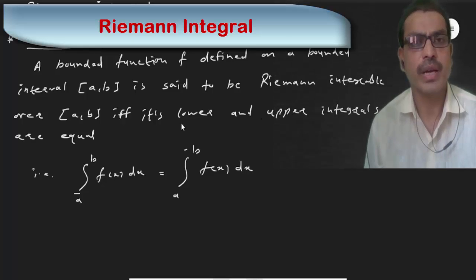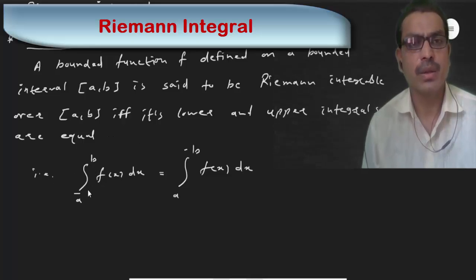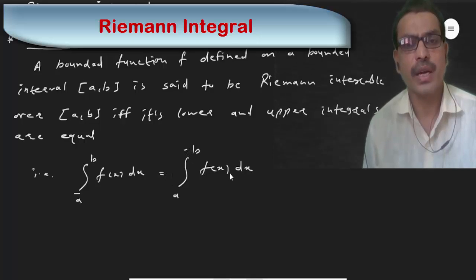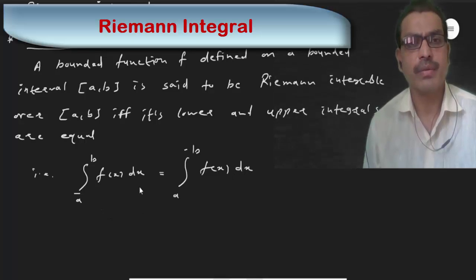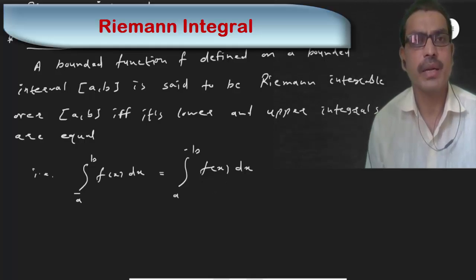That is, the lower integral of f(x) dx is equal to the upper integral of f(x) dx. That is, the lower integral of f is equal to the upper integral of f. This is the definition of Riemann integral.